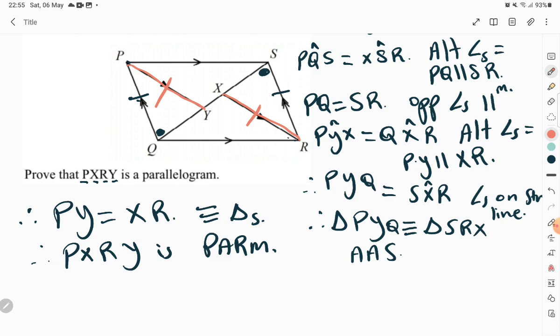So we can say this is a parallelogram because one pair of opposite sides are equal and parallel. So that's what makes it to be a parallelogram. Then we are done with that one.